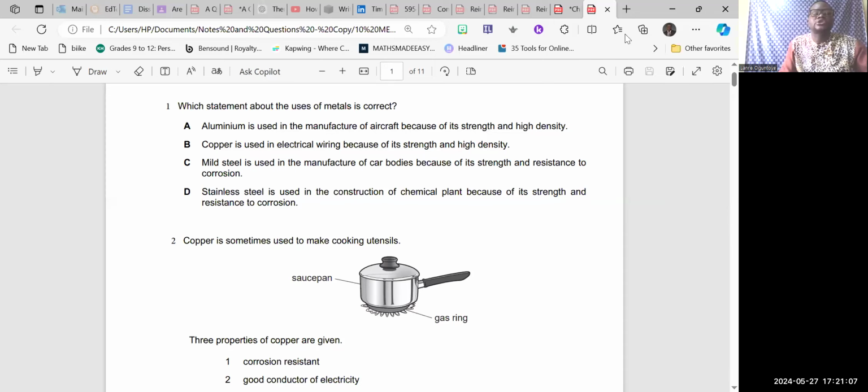Okay, so D is correct. If you look at A, aluminum is used in the manufacture of aircraft because of its what? Low density, not high density. So the answer is D.